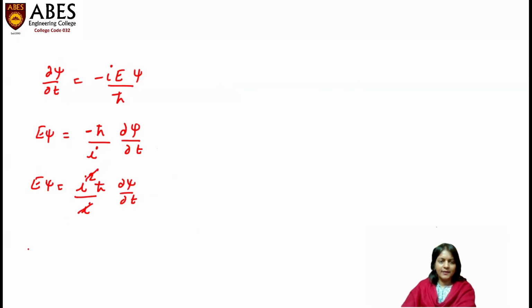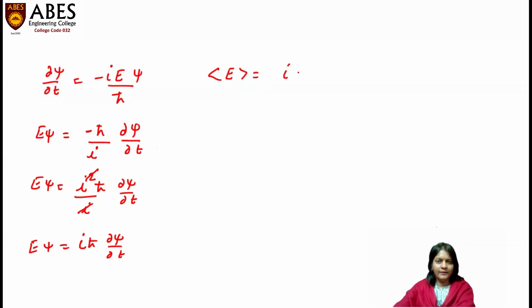This i is cancelled out by the denominator i, and it becomes i h cut del psi by del t. Now the operator E becomes i h cut del by del t. This is the value of the energy operator E.